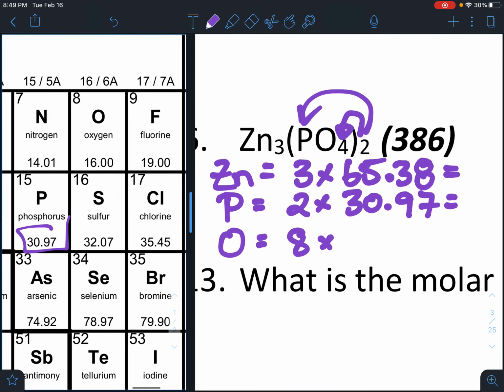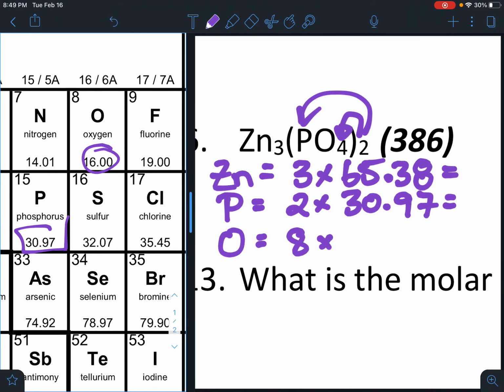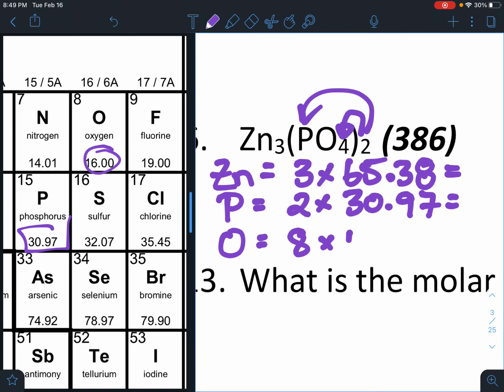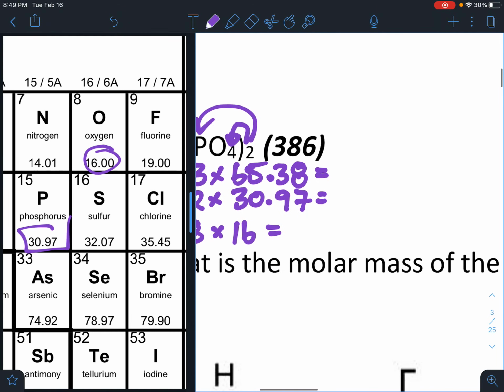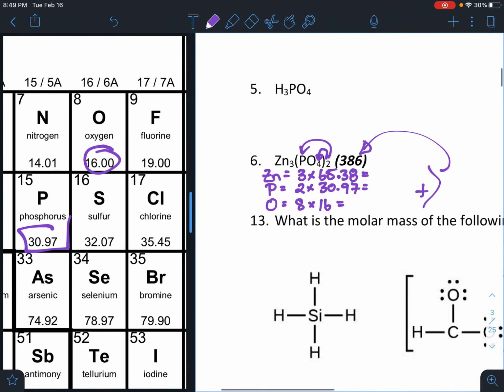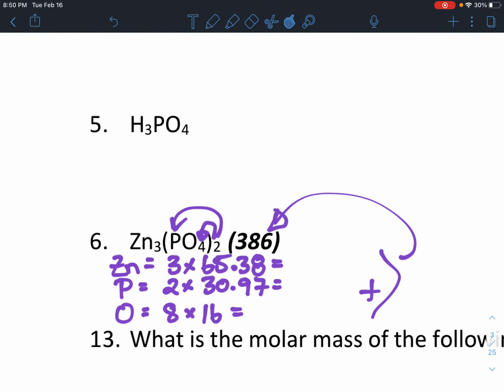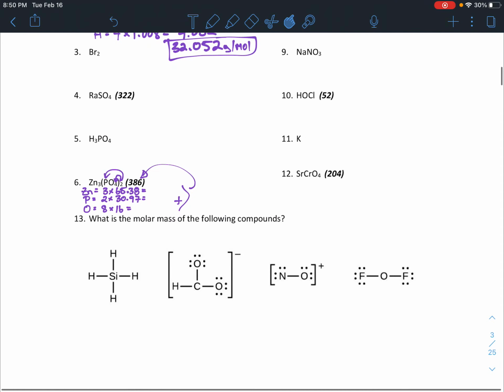And then oxygen's mass is an even 16. So 8 times 16. So you would want to calculate all those out, add them up, and then hopefully you get that answer. I'm not going to do that with you. I just wanted to show you the process of getting it. But that is how you find molar mass.